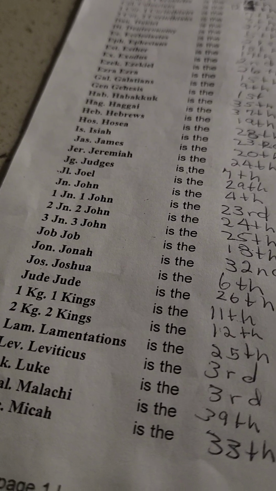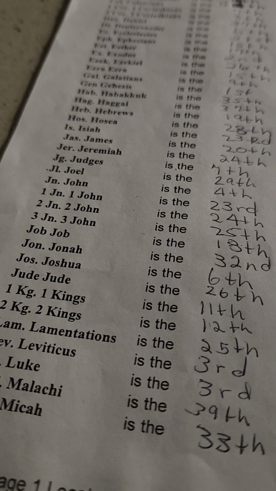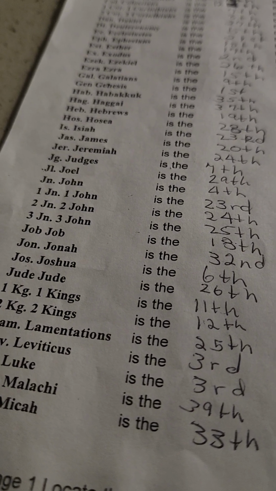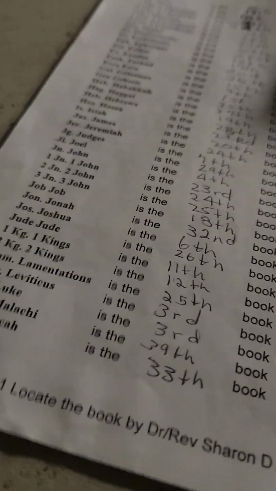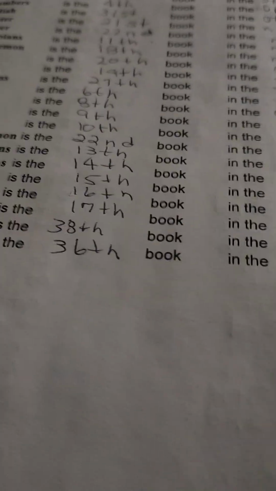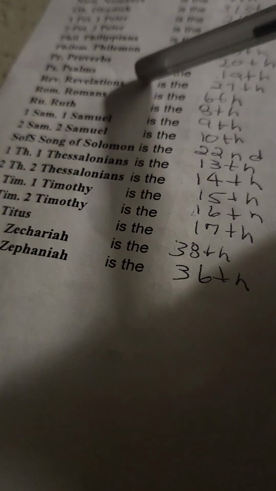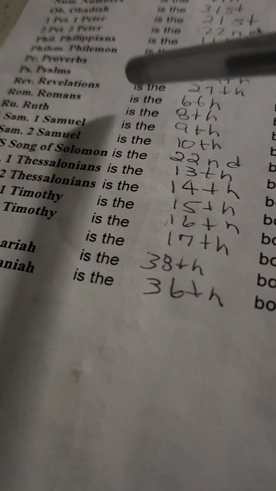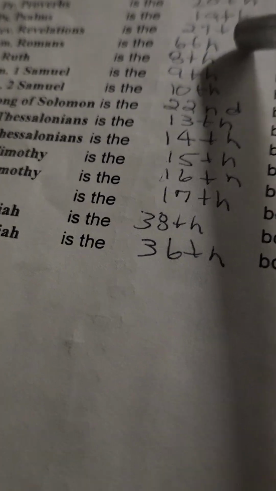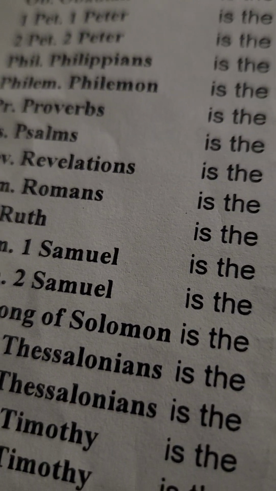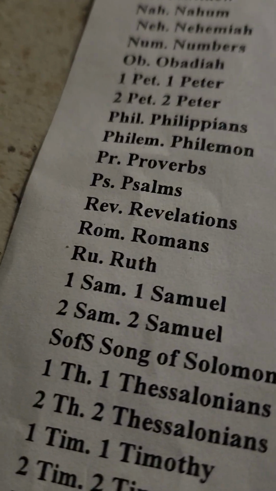The last book in the New Testament, let's see, is Revelation. That's the last book in the New Testament. It's the 27th book in the New Testament.